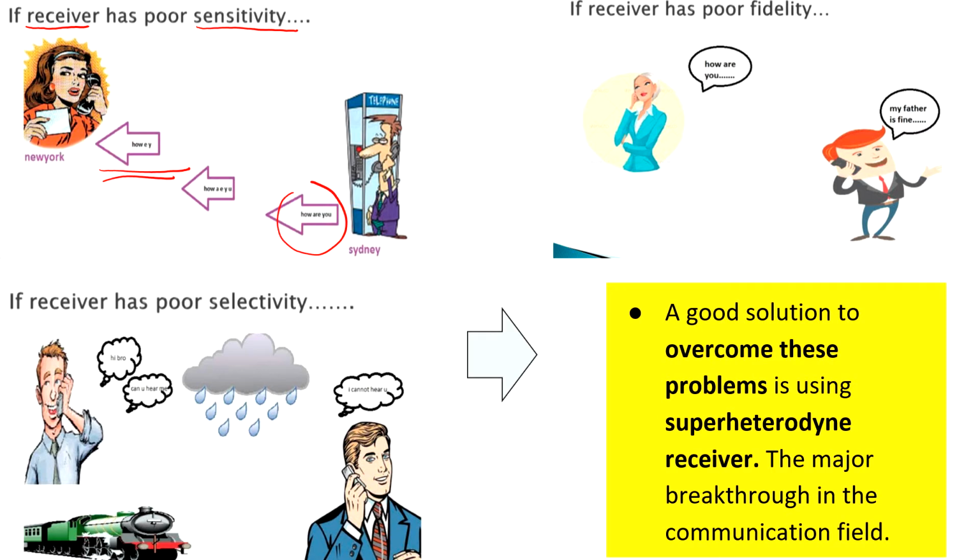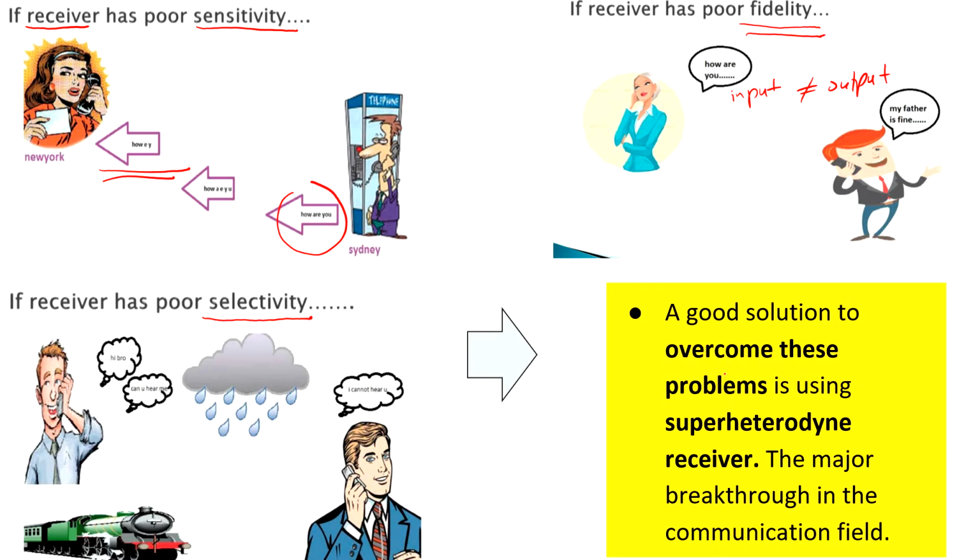And then if the receiver has poor fidelity, fidelity is about how the reproduced signal is the same as the input. So if it is poor, that means the output is not the same as the input. And then if the receiver has poor selectivity, you do not get the information from the sender.